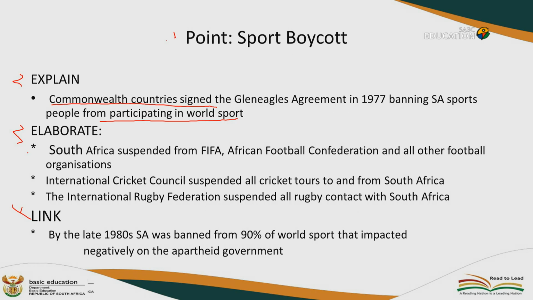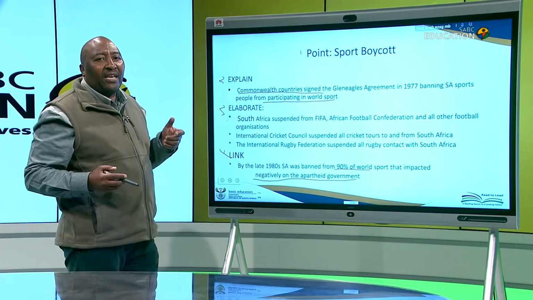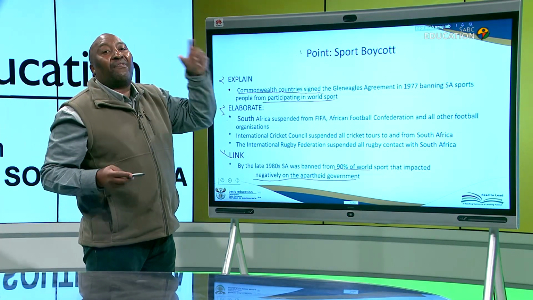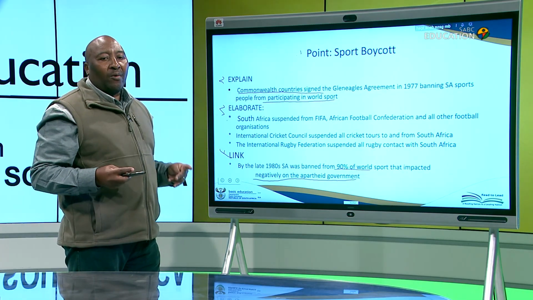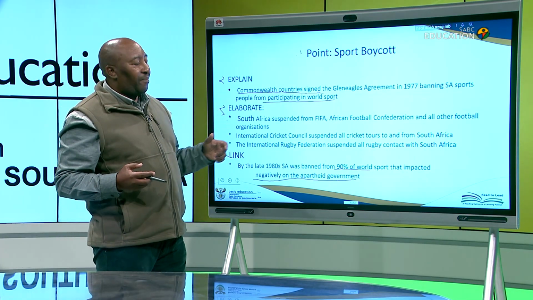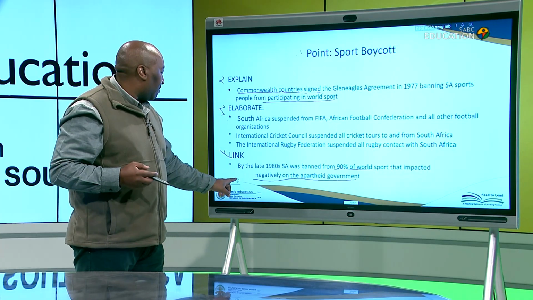Then when you link back, you would say by the late 1980s, South Africa was banned from 90% of world sport, and that impacted negatively on the apartheid government. Remember the question, how did the international organization lead to the fall of the apartheid government? So under sports boycott, we can see that the government was highly affected.